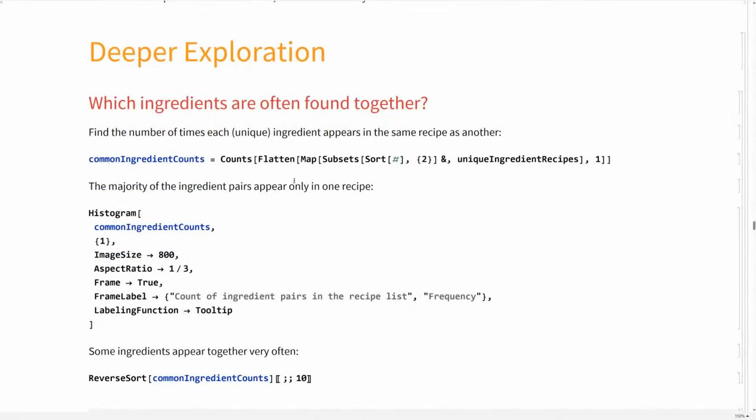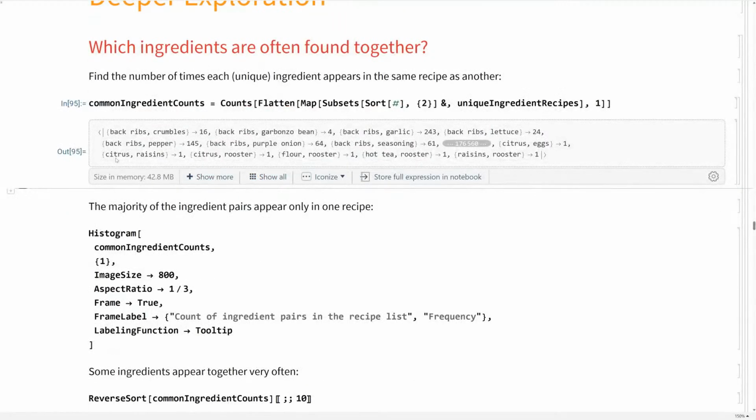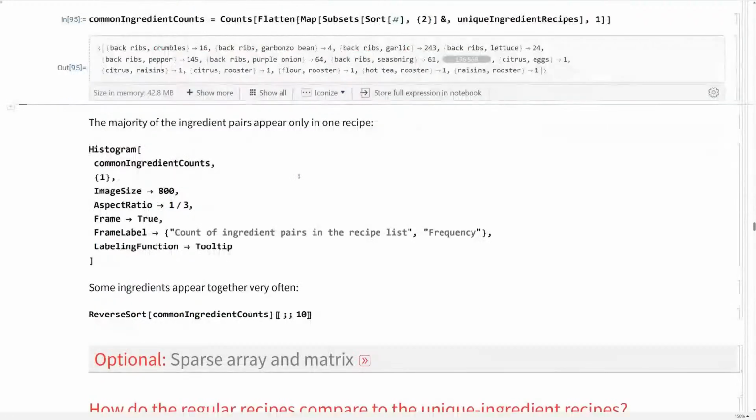So which ingredients are often combined together? Here we can see the count of back ribs and crumbles are often combined together, and back ribs and pepper. So this is just pairing different ingredients and then doing the count in the recipes.